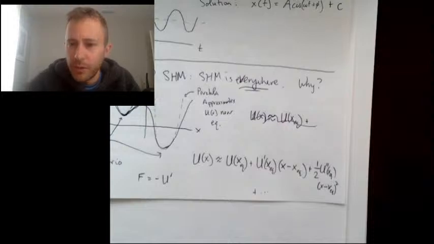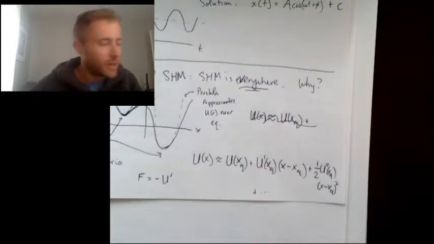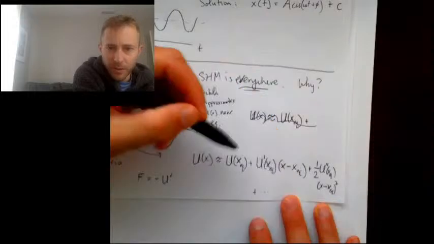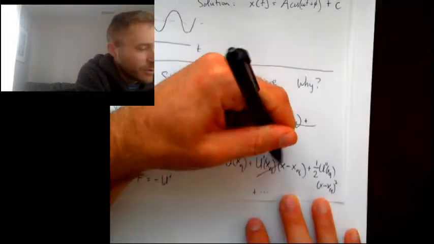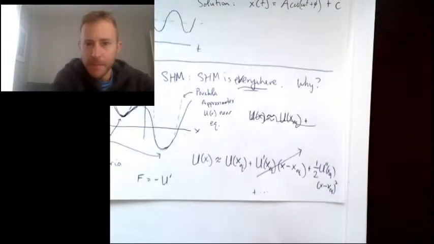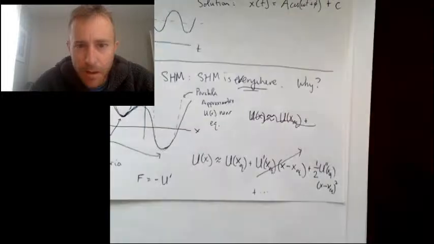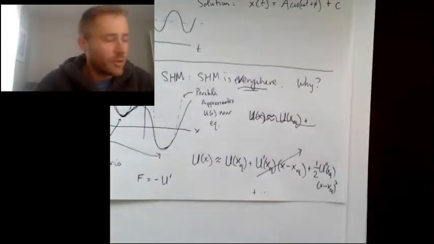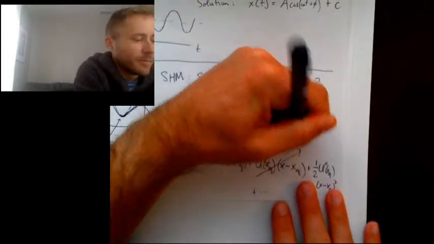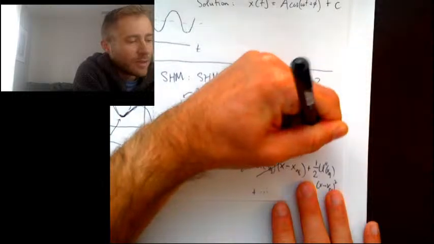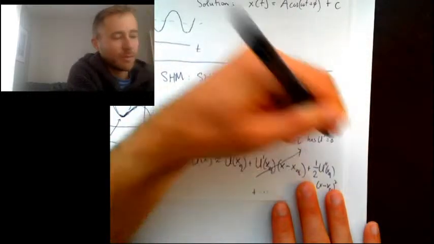Zero, yeah, the force is zero at equilibrium. So this middle term is going to drop out, because equilibrium has u prime equal to 0.